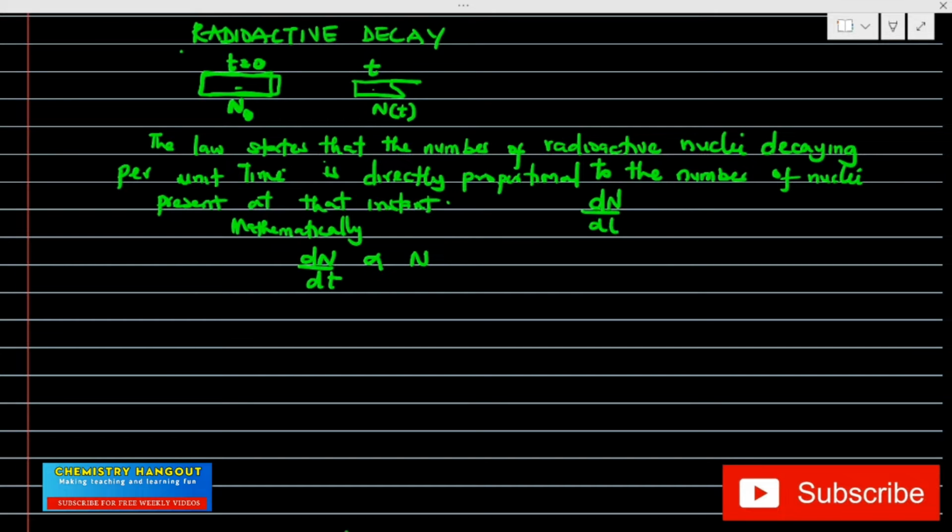My dN over dt is simply my decay rate, and my N is the number of particles. I want to believe this is clear.